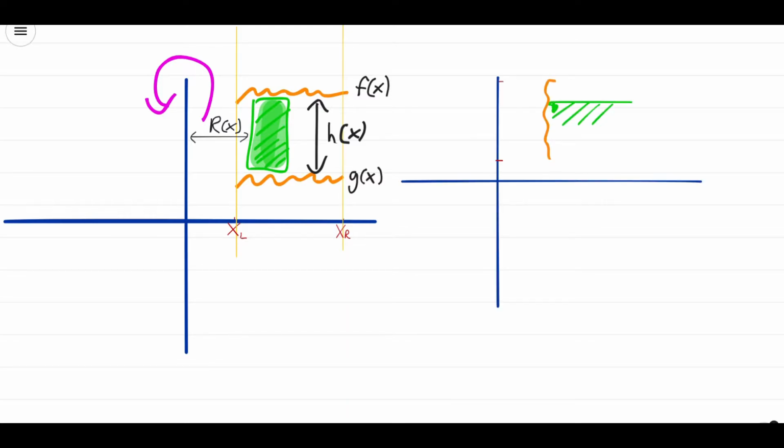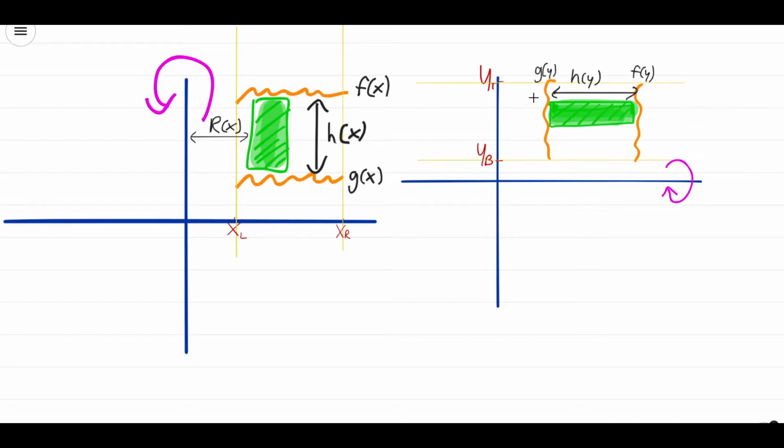Now with respect to y, it's the same concept. We have our lower y limit and our upper y limit, and it revolves about the x-axis. Our h of y is the distance between these two functions of the disk, because the height of the disk does not start at any particular point, so we have two functions defining the height of the disk.